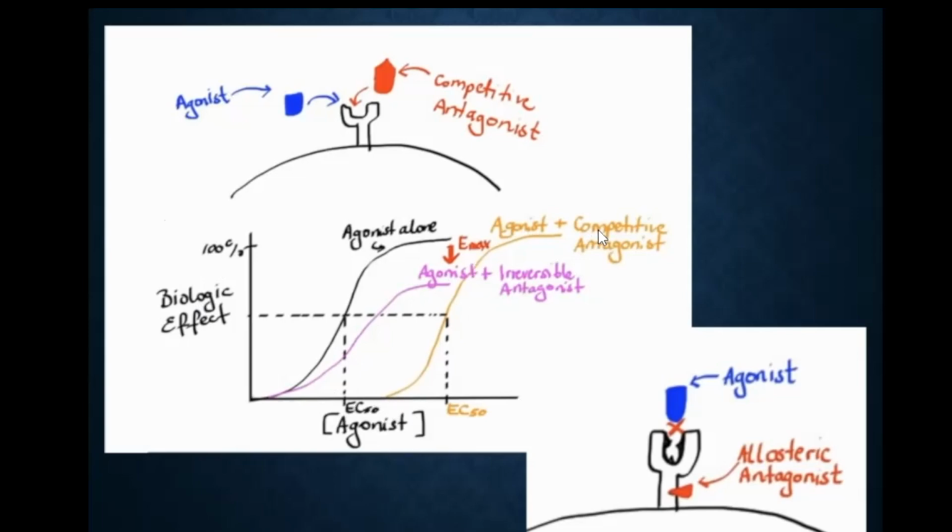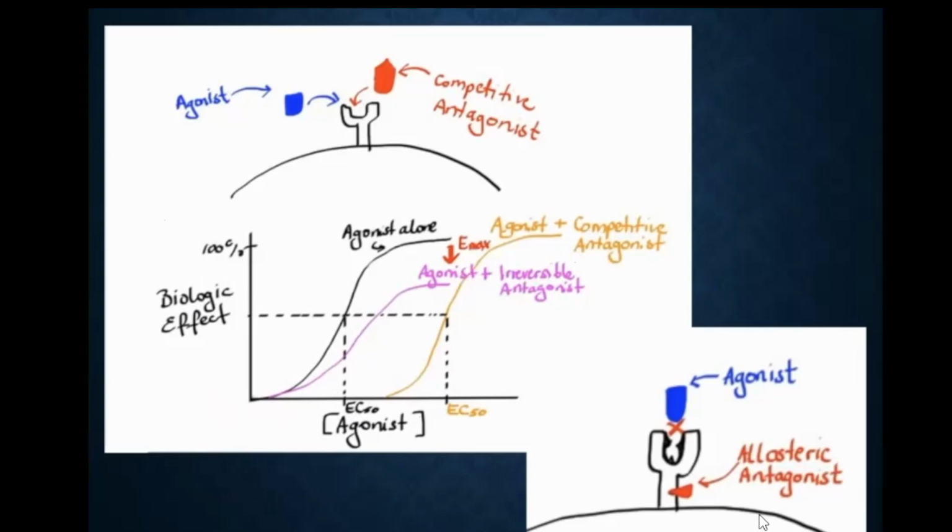This is what I said, competitive. When you increase the concentration of your agonist, it can fight and displace the competitive antagonist and bring about the 100% biological effect. But when you have an irreversible antagonist, which is a non-competitive antagonist, despite increasing the concentration of agonist, you will never reach 100% biological effect.